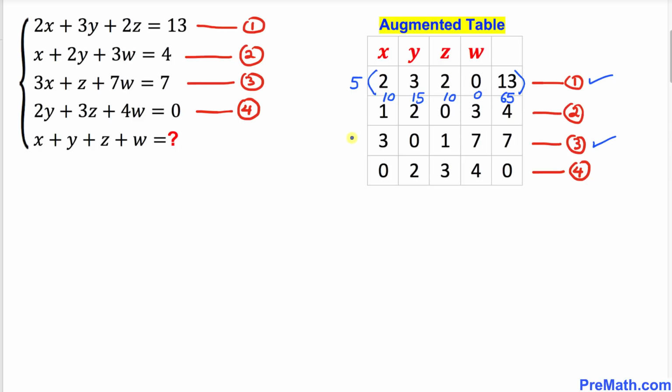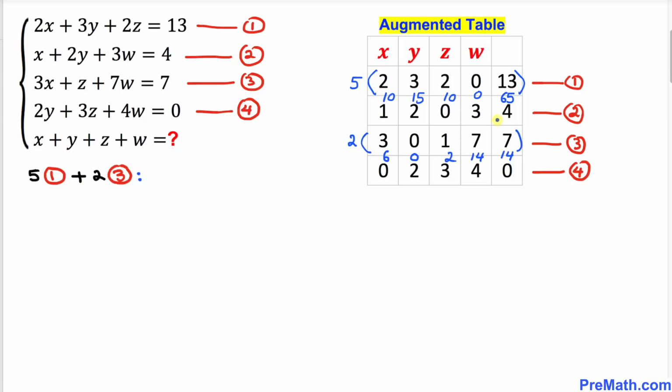Likewise, I am going to multiply equation 3 by 2 across the board. So that is going to become 3 times 2 is 6, 0, 2, 14, and 14 again. So this is what we did. We multiplied equation 1 by 5 and multiplied equation 3 by 2.